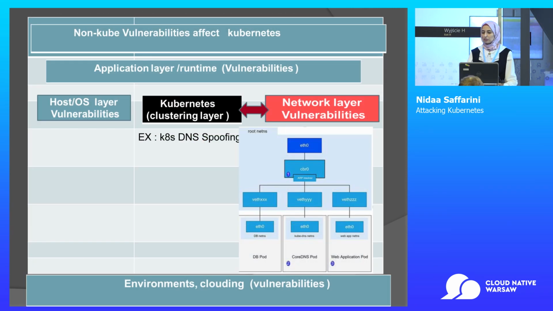Let me talk about the network and the relation between the network and Kubernetes. Let me talk about DNS spoofing and ARP poisoning. This vulnerability is connected with the MAC address, which lets the attacker control the MAC address of the router.